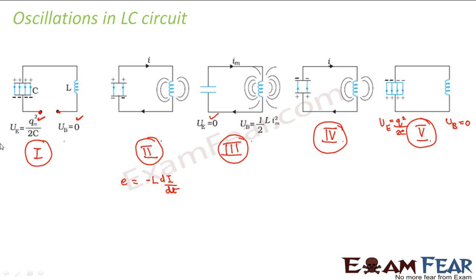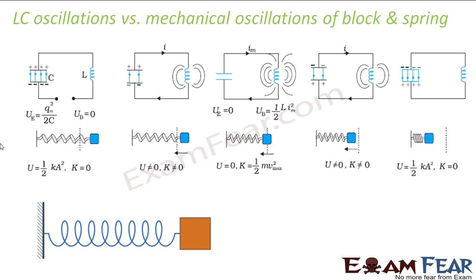Now we will compare these LC oscillations with the mechanical oscillations which we have when we attach a block of some mass m to a spring. The pattern of oscillations which we observe there is very much comparable with the LC oscillations in an electrical circuit. So let us have a close look.